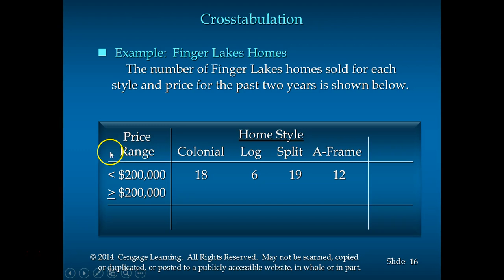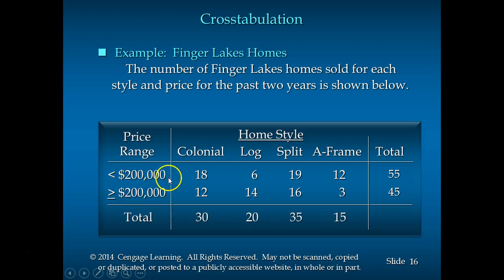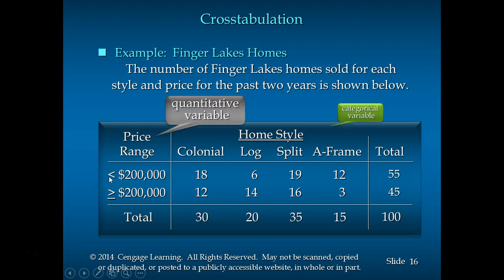One variable is price range. Is the home, let's say, expensive or cheap? Two types of houses, cheap or expensive. And home style then is the home colonial, log, split, or A-frame.